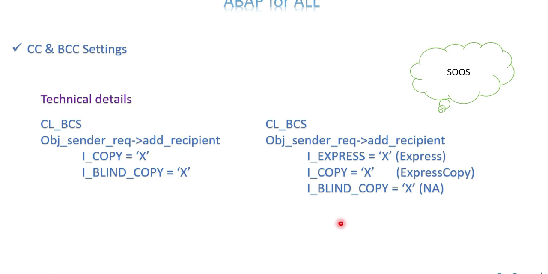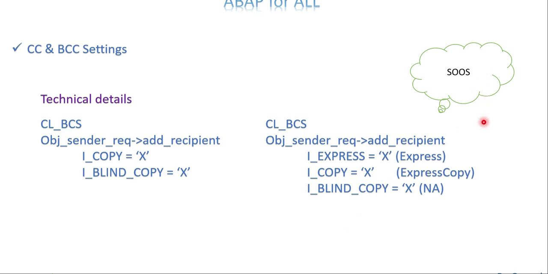One step ahead, if you want to confirm it, it's otherwise very simple. You can execute it and it will reach the external address. At that level you can see which is in To, which is in CC, and which is in hidden mode, so you can consider those as BCC. But one more step you can check is in the SOOS table.